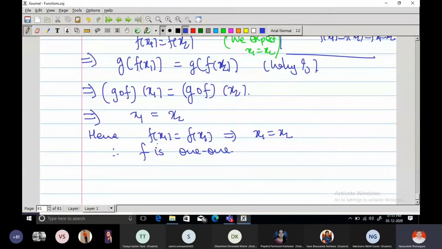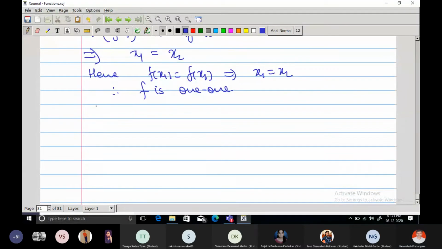Now, second claim. What is the second claim?